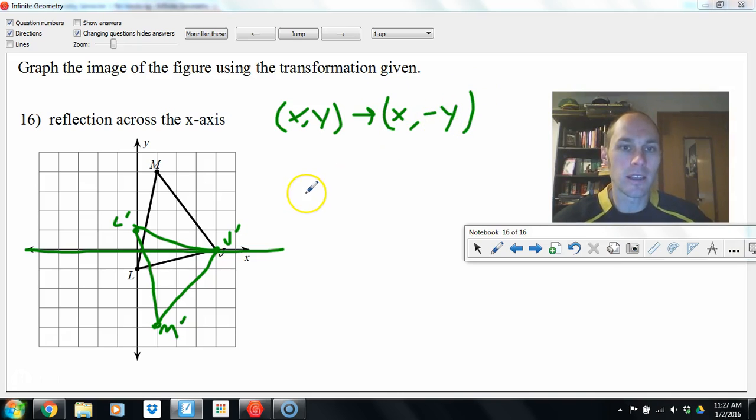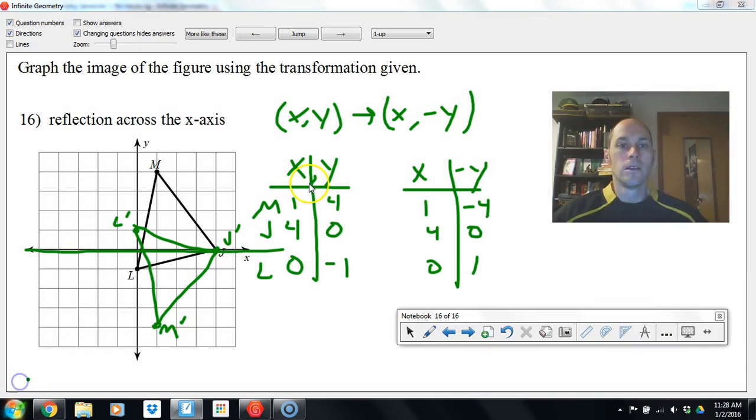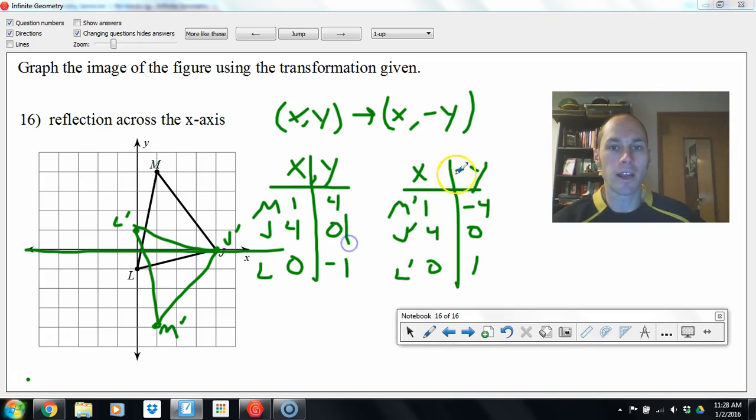So we could do that the same way we did the other one: list all our x and y's in a table, and then just change the y coordinate to its opposite for M, J, and L. So if I list the original coordinates for M, J, and L, I keep the x coordinates the same for M prime, J prime, and L prime. I just flip the y coordinates to their opposites.